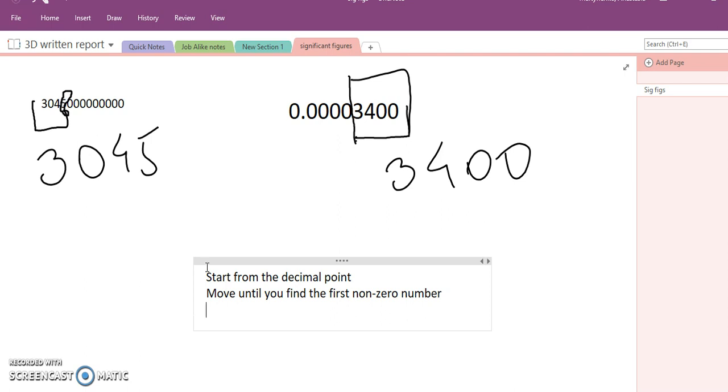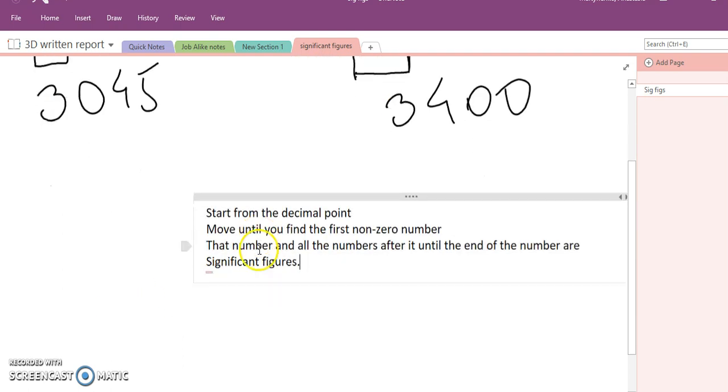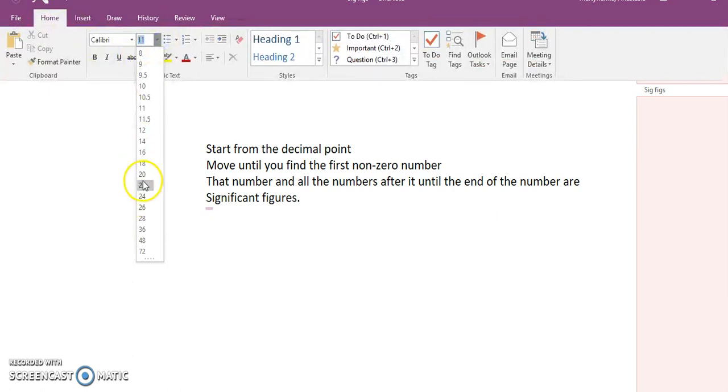That number and all the numbers after it until the end of the number are significant figures. Very, very simple. So let's do another example.